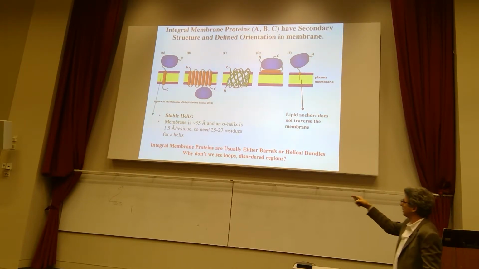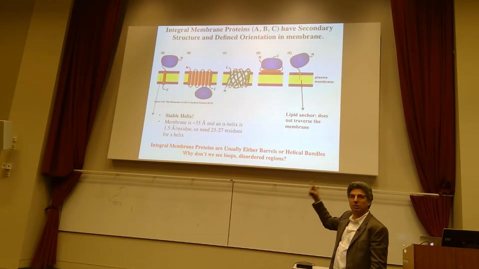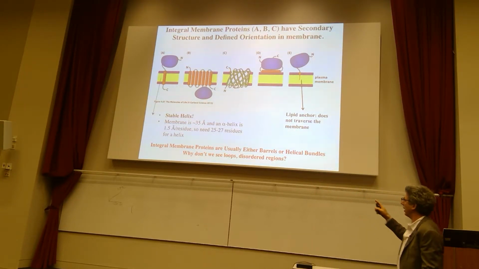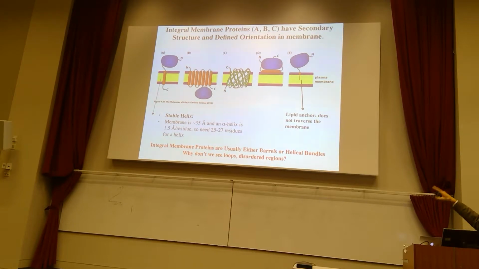It's either a single pass of a helix, multiple helical entities all associated with each other, or a beta barrel type structure that's sitting in the cell membrane. So, in fact, these integral membrane proteins are usually either barrels, helical bundles, or individual helices.